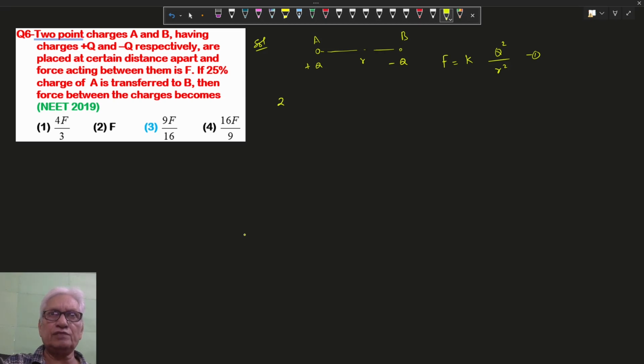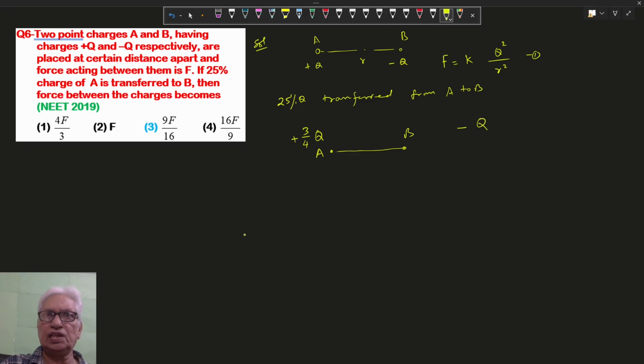If 25% of charge Q is transferred from A to B, it means 75% charge remains, or 3 by 4 of Q charge positive on A. And on B, what is the charge here?